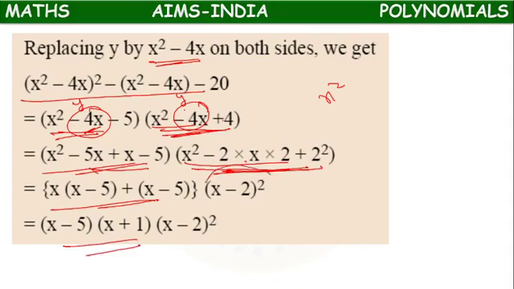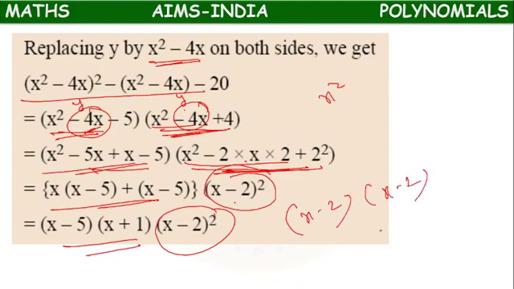But for this, we can directly write the formula a minus b whole square. Means the factor x minus 2 is repeated 2 times. Here also we have 4 factors, but x minus 2 is repeated 2 times. So that's why we have written x minus 2 whole square here.